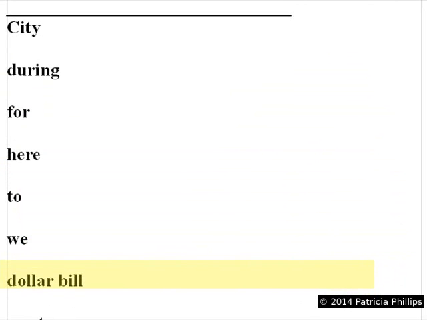You could be asked to write dollar bill just by itself. You could be asked to write city by itself. You really don't know, so you have to be prepared to spell everything on the list and spell it by yourself. So, let's go over the words that were left over after I made the sentences, and here they are.